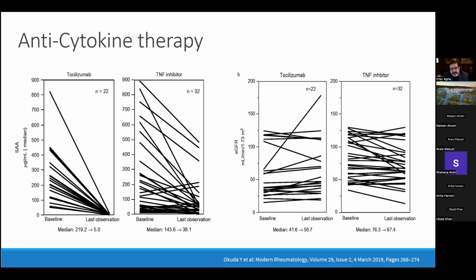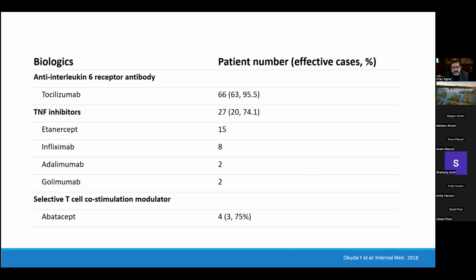TNF alpha inhibition also shows that decline, but not as impressive as tocilizumab. And on the right side, you look at eGFR levels. Each line is one individual patient. And especially on the tocilizumab side, we're looking at some stabilization and some improvement. So this is collated Japanese data as of 2018 or 19. Was this published? 2018.